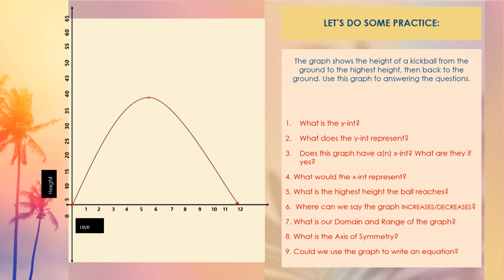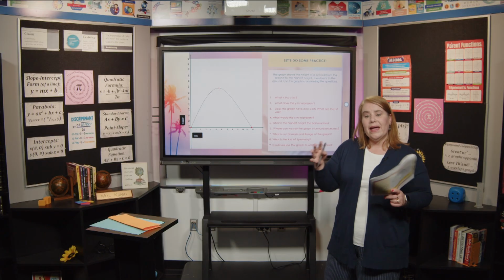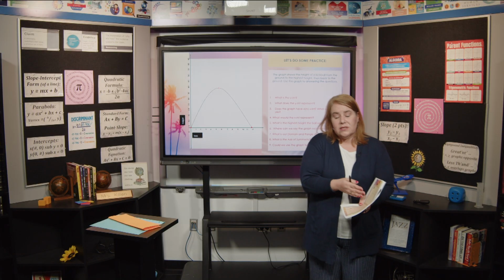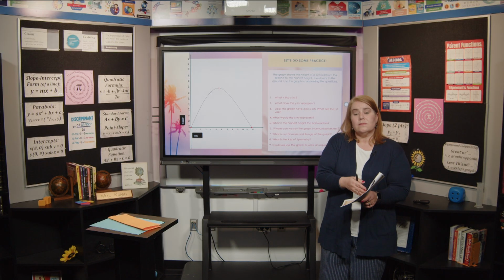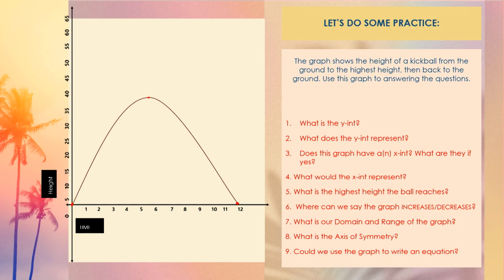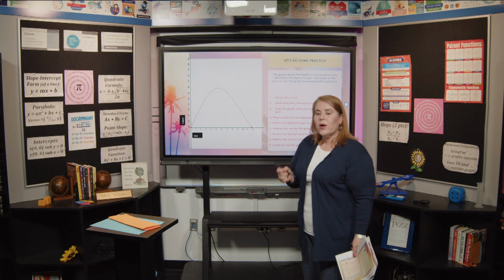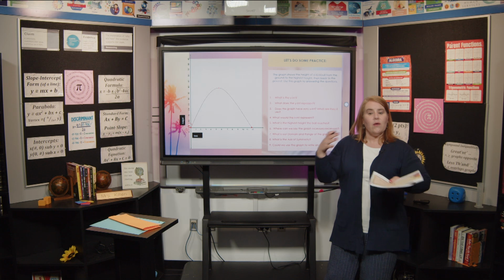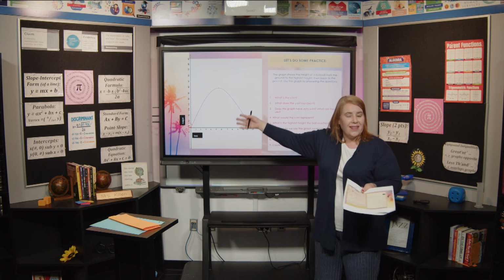What is my y-intercept? So what would we say my y-intercept would be, where it touches or crosses my y-axis? Yes, exactly. It's at 0, 0. My next one says, what does that represent? Now, it's very easy to say, oh, there's y-axis, there's where it touches.